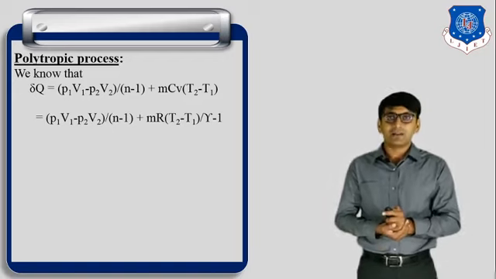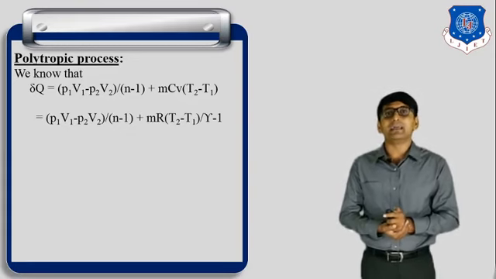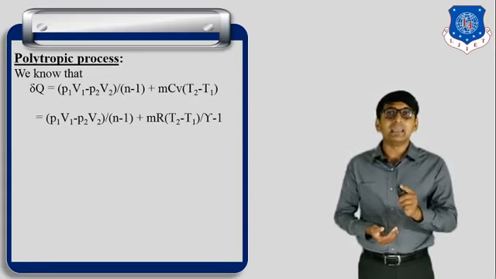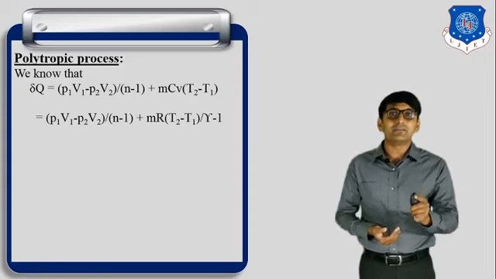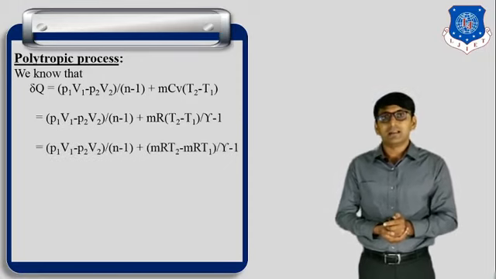So we get (P1V1 - P2V2)/(n-1) + mR(T2 - T1)/(gamma-1).